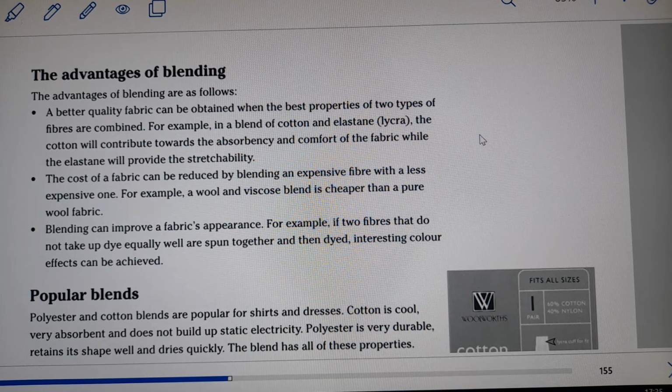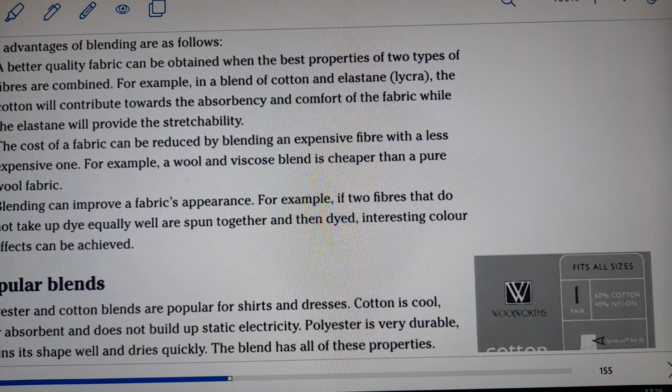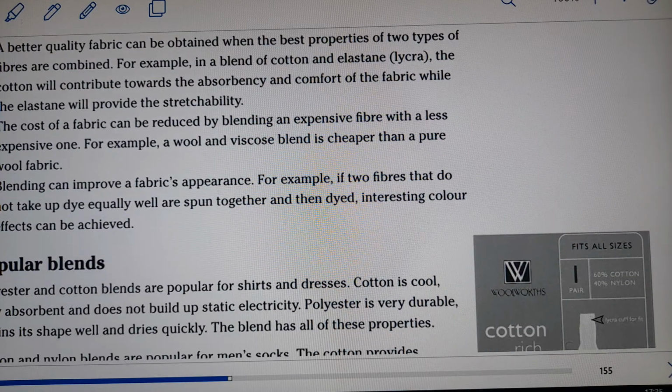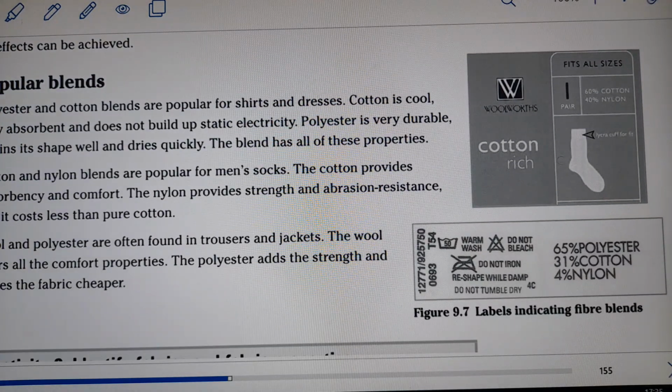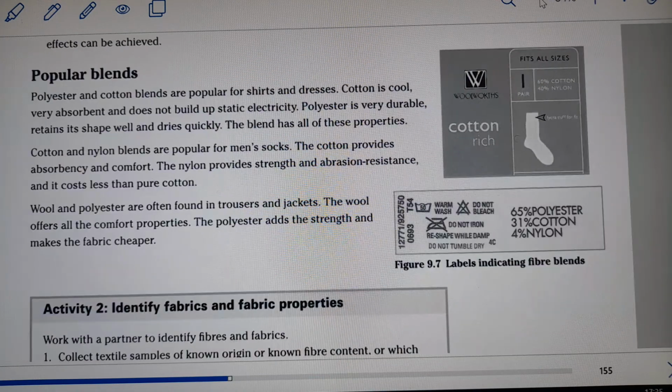Then in the next paragraph, let's see what the popular blends are. I will minimize this so that it fits in the screen. Polyester and cotton blends are popular for shirts and dresses.